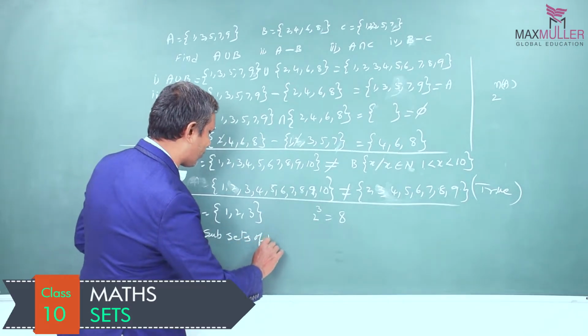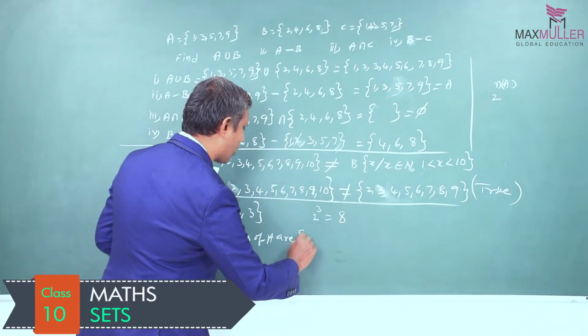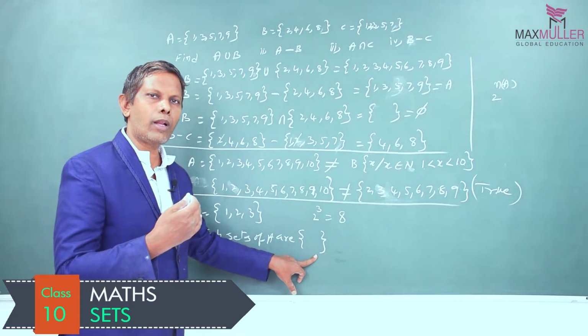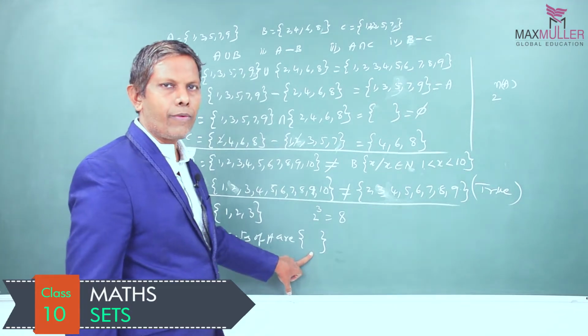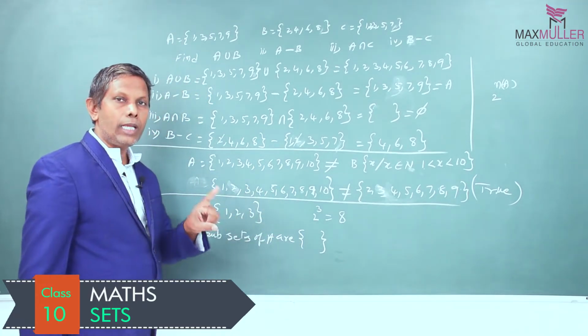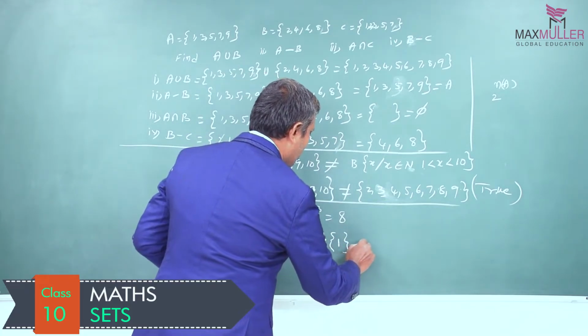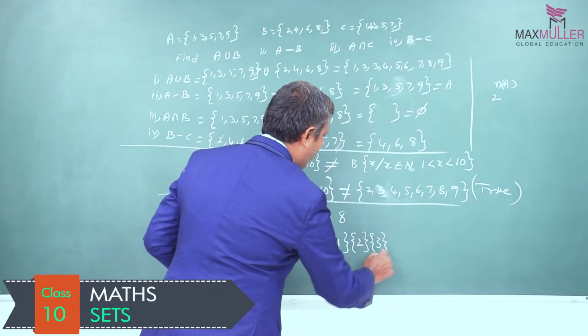Subsets of A are, first of all, you can write the empty set. The empty set is a subset for every set. And you can write the singleton sets: set of 1, set of 2, set of 3.